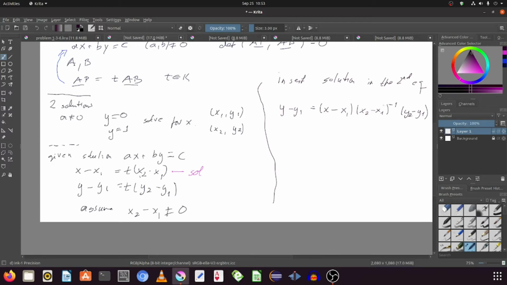We should probably multiply by this on both sides. And then the rest is put over on this side. Vanishes. And this is equal to the determinant.